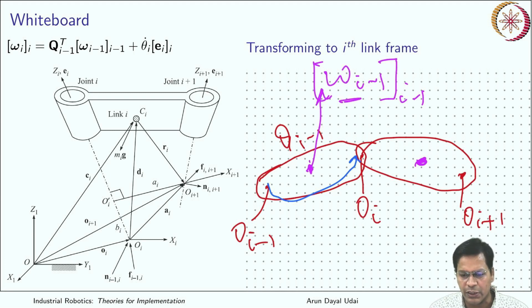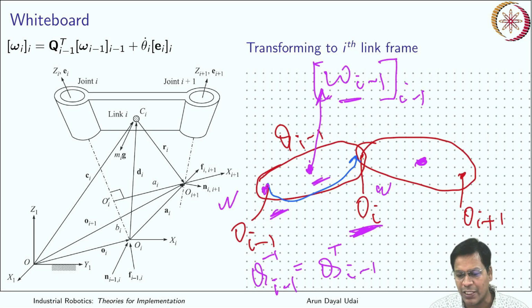So now you have to transform this to this. You know this angular velocity is over here and it is represented over here, but you know the transformation. This is the fixed frame to this link, and you know the orientation of this with respect to this. That was given by Qi minus 1. When you take the transpose of this, that is equivalent to taking the inverse of this. So the inverse of this is equal to the transpose of this. Taking the inverse represents this with respect to this, that is making this frame stationary. Now you are looking at everything in this frame.